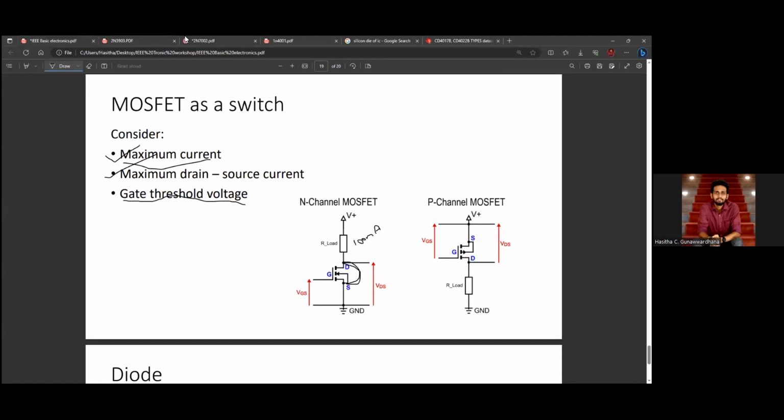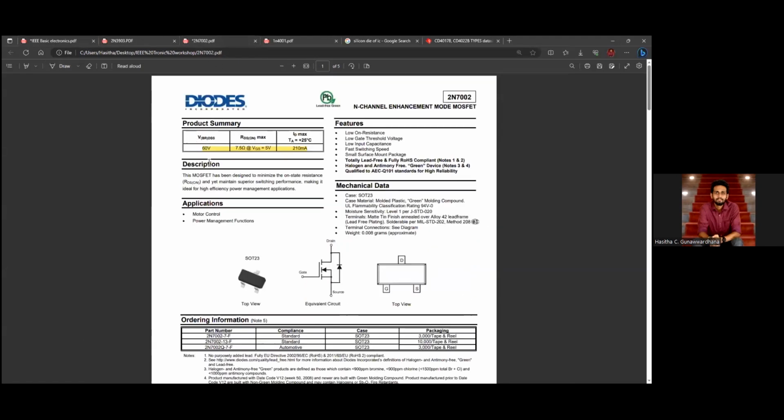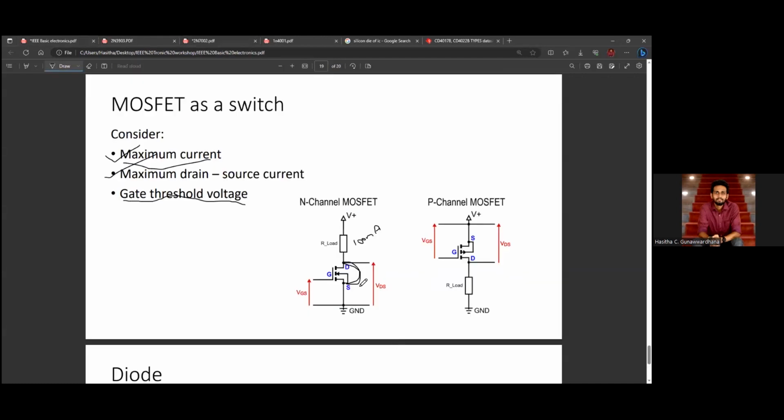Then apart from that, this is the voltage. Assume this MOSFET is turned off. So this connection will not be here. Then this supply voltage will appear between these two terminals.